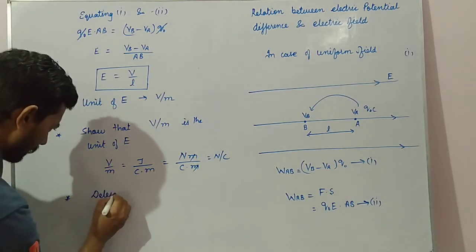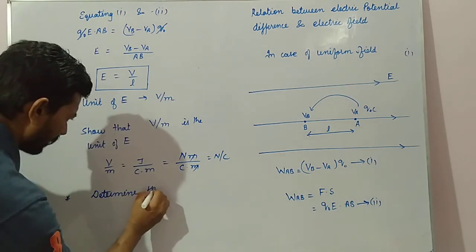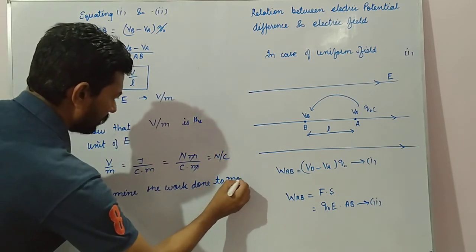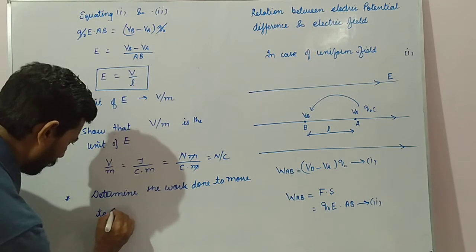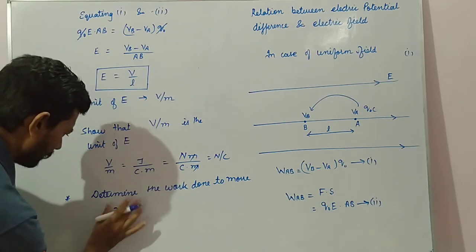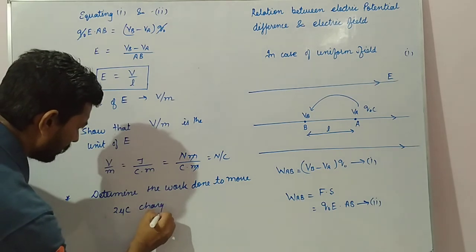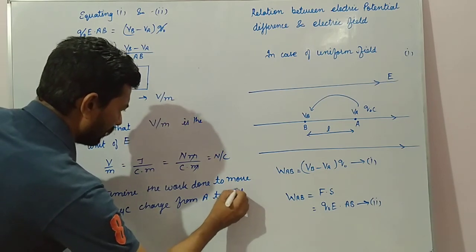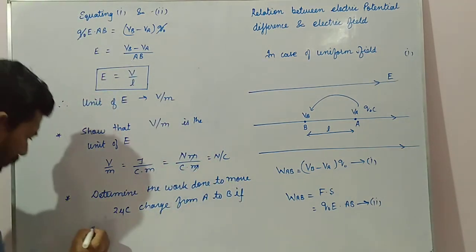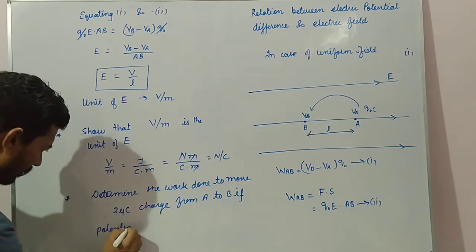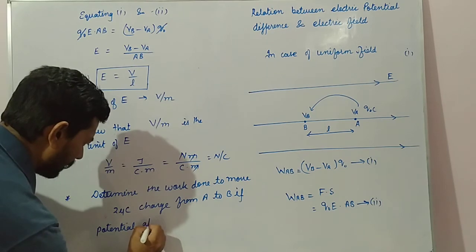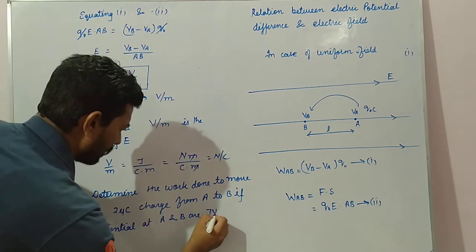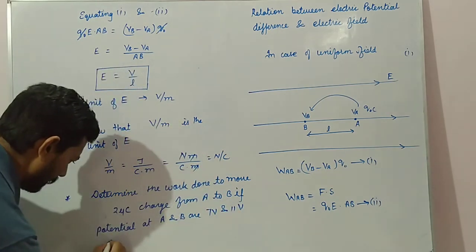Determine the work done to move 2 microcoulomb charge from A to B if potential at A and B are 7 volt and 11 volt respectively.